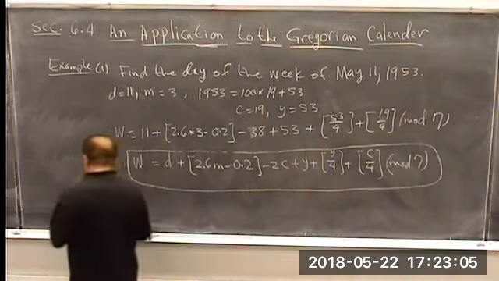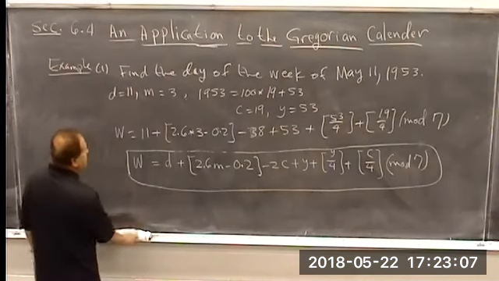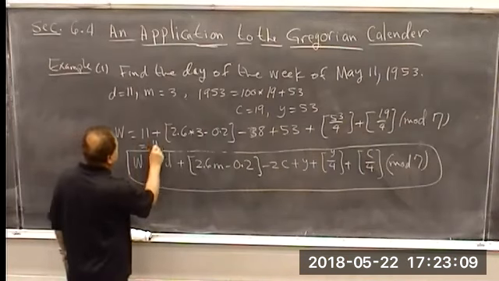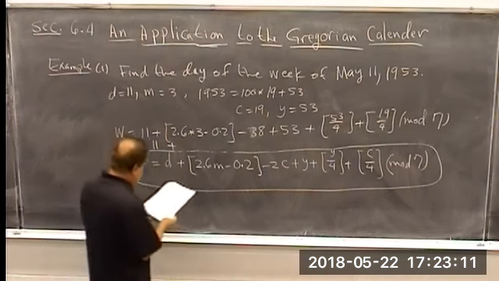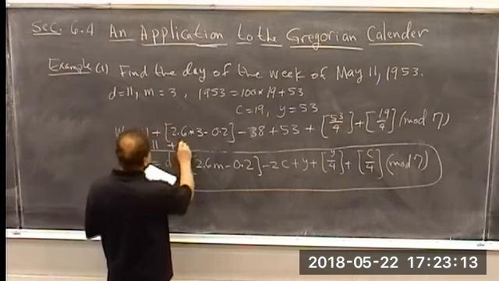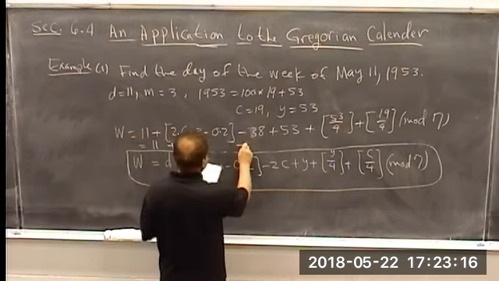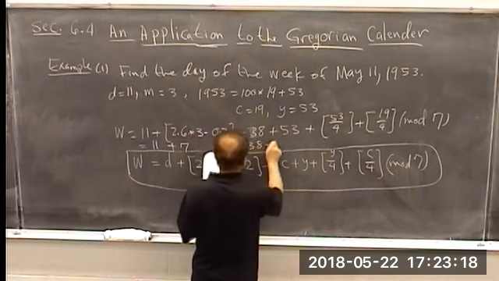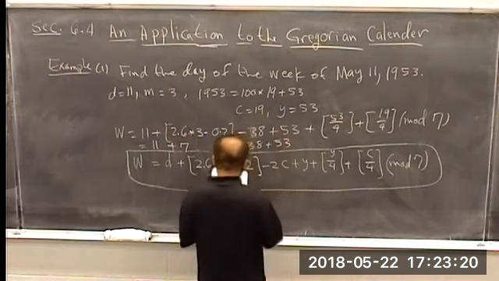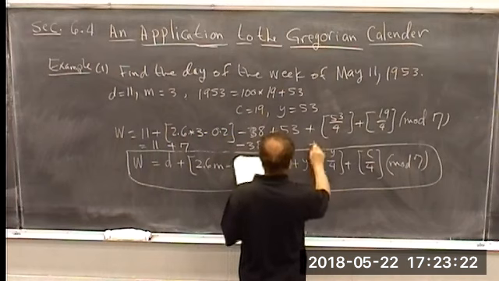And you plug all these numbers in, and these are the values you get. This is 11. The next number gives you actually 7 minus 38 plus 53. And this gives you 4.